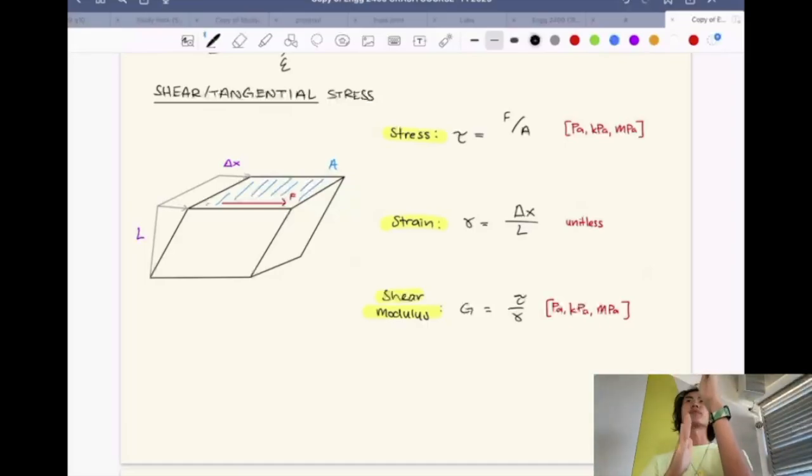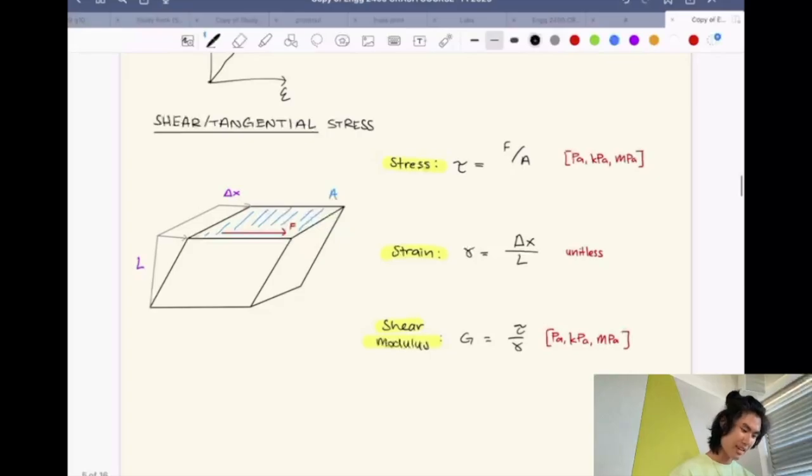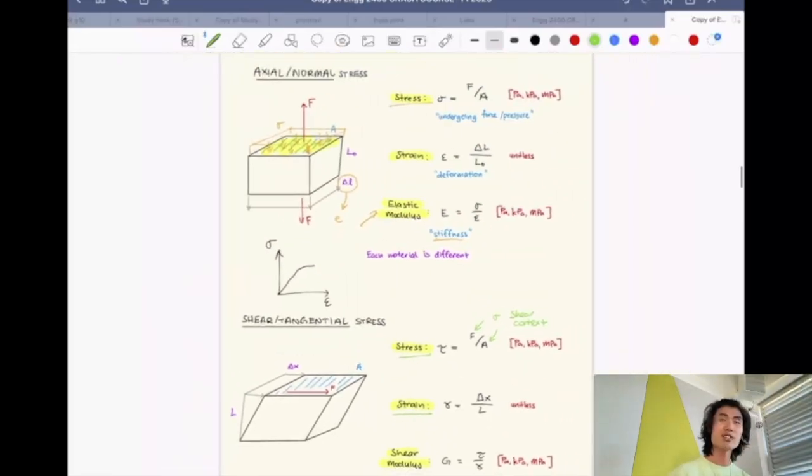But if you slide them against each other, that's going to shear. Those are the same concepts. So we have shear stress, shear strain, and then we also have a shear modulus. This is the same formula as the sigma, but it's in a shear context. They're pretty much identical, they just mean different things in terms of what force is being applied.